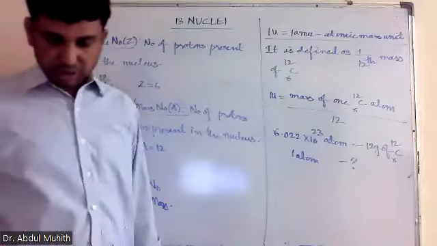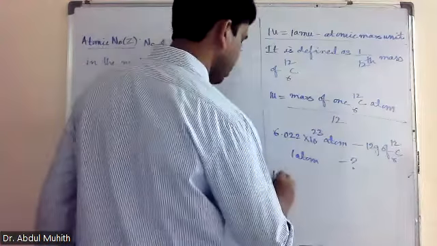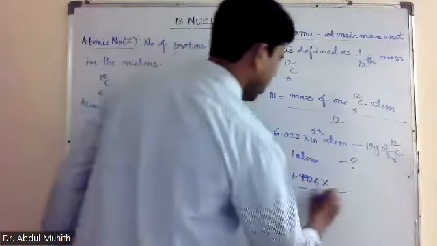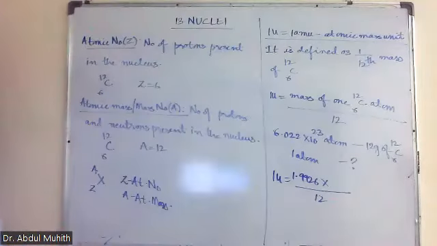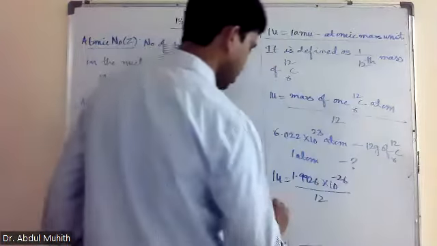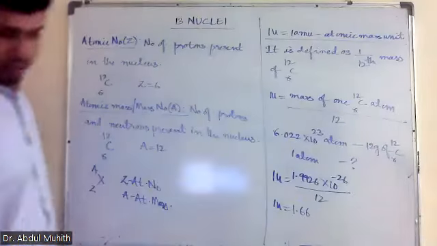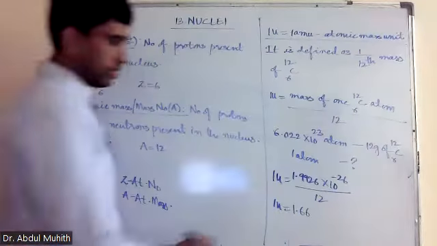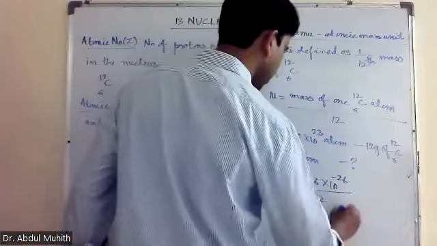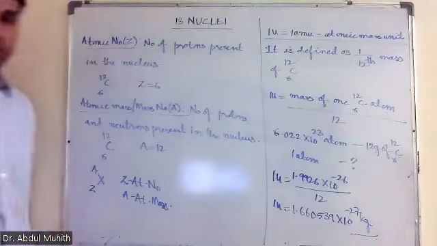So what is the value now? 1.9926 into 10 to the power of minus 26 is the mass of 1 atom. Then divide by 12 and you'll get 1 atomic mass unit, that is 1.66054 into 10 to the power of minus 27. This is the value of 1 atomic mass unit. Is that clear?